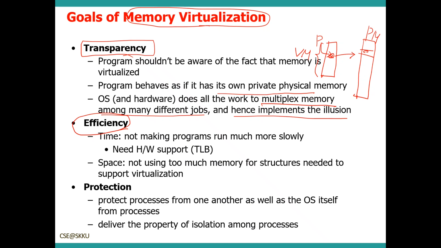So you need to consider first the time overhead of memory virtualization. Due to the memory translation, the program must not run much more slowly. Okay, so modern computer systems support hardware support called TLB. TLB means translation lookaside buffer.